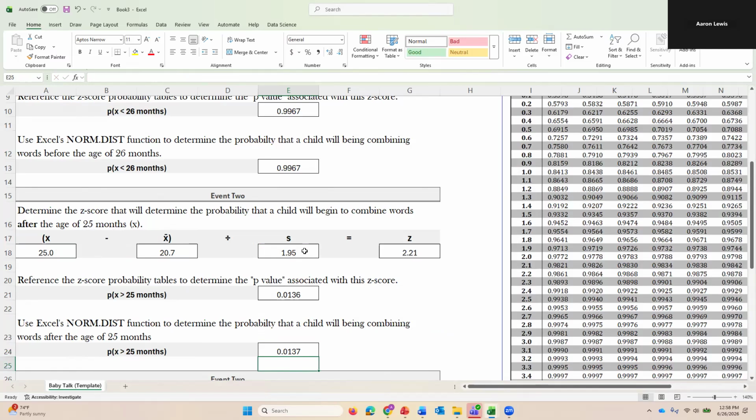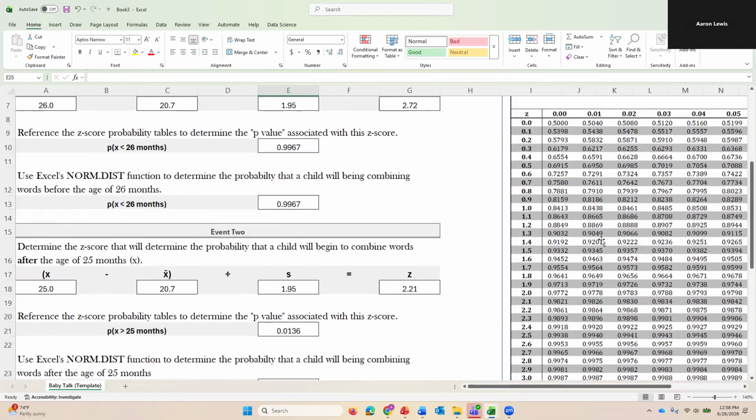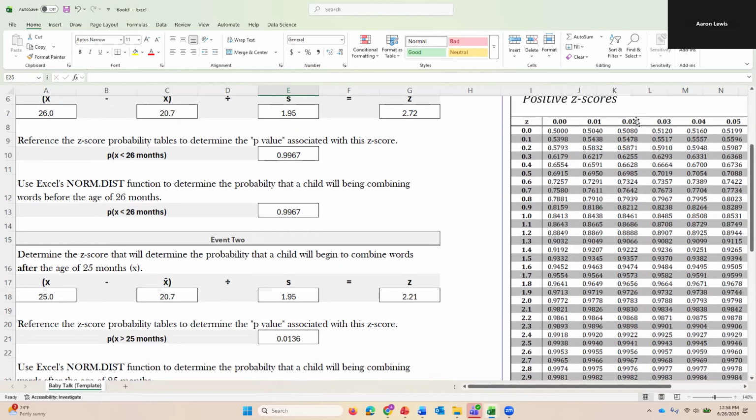So why the difference between these two numbers? Yes, they're very close, but one is 1/1000th off of the other. The reason is that this chart rounds to the nearest hundredths place. So we had 2.21 here. Well, our z, if I increase the decimals, isn't actually 2.21. It's 2.20 and a whole bunch of digits afterwards, and there are individual numbers that lie in between the gap. But if they put in every spot to the millionths place, this table would be absolutely massive, and no one wants that.